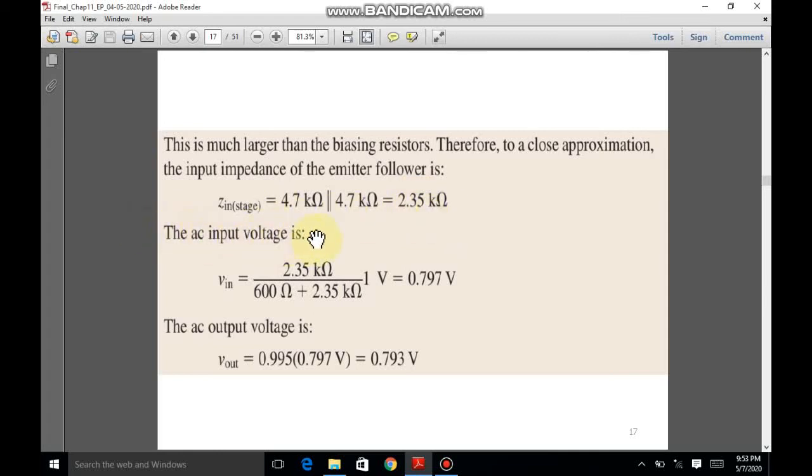So the AC input voltage will be the voltage divider of this Z in stage plus the source resistance, that is 600 ohm Rg. So it will be 0.797 volt. Using this, the AC output voltage V out is the voltage gain times the input voltage, that is 0.793 and this is 0.797. So almost your V input and V out are the same, because our voltage gain is approximately 1.